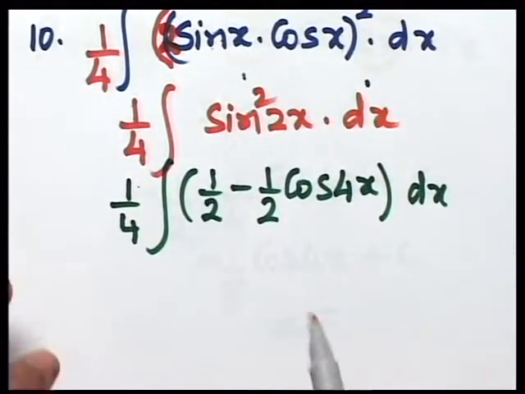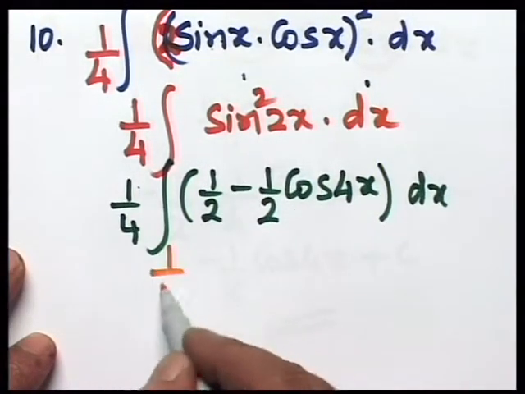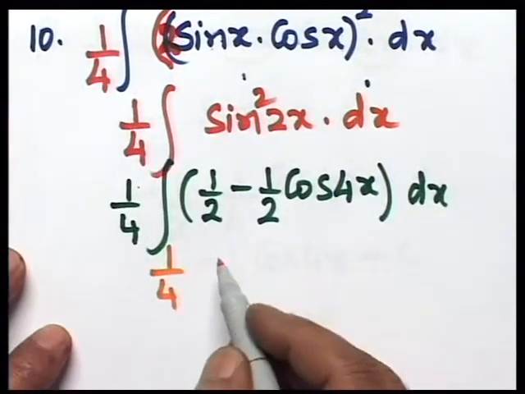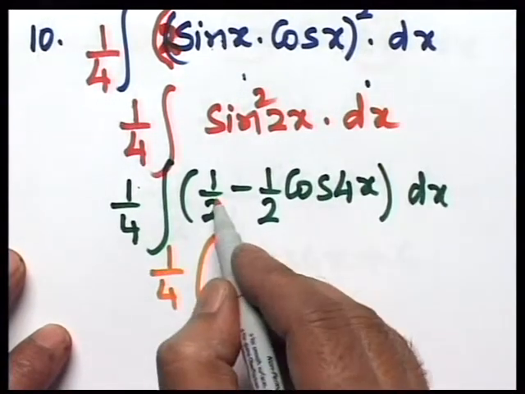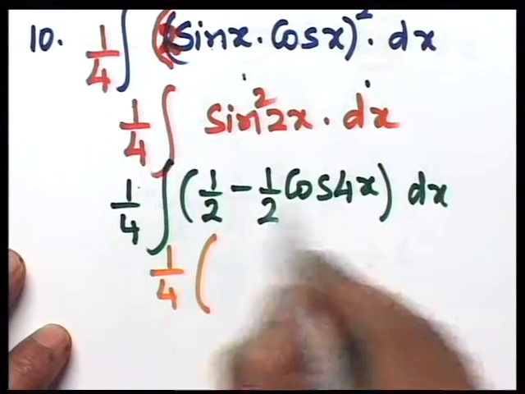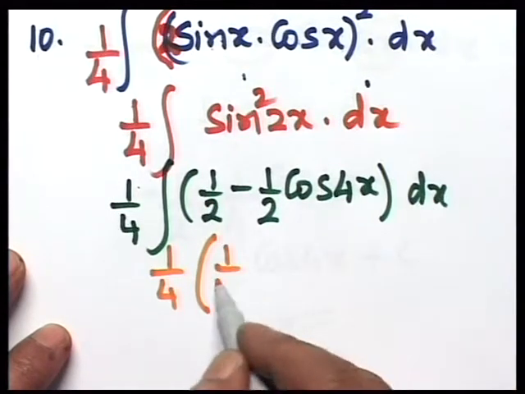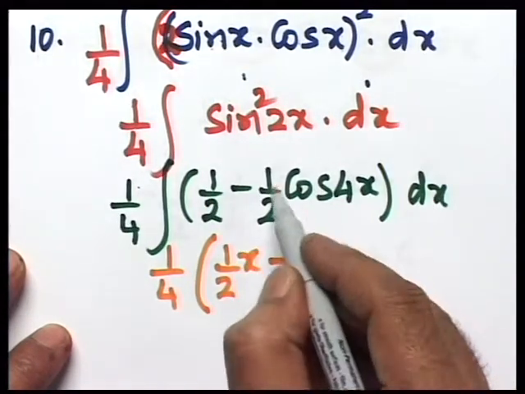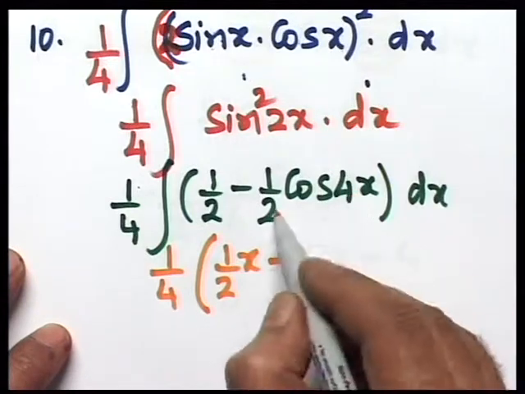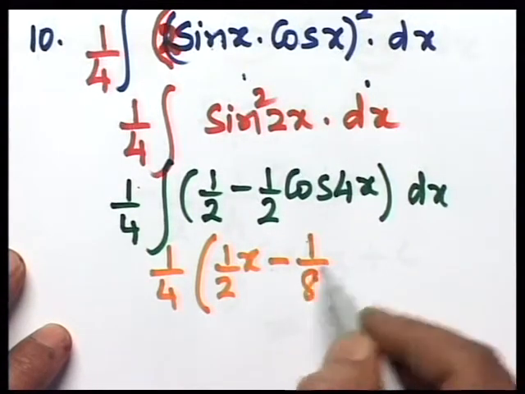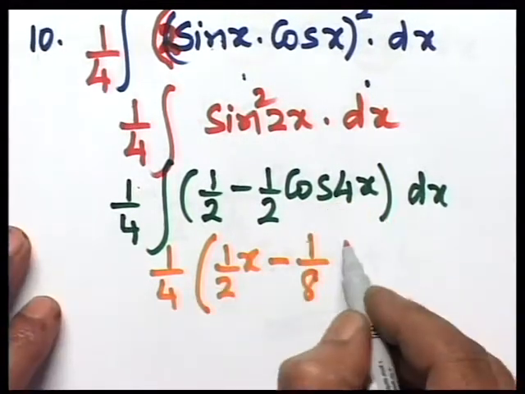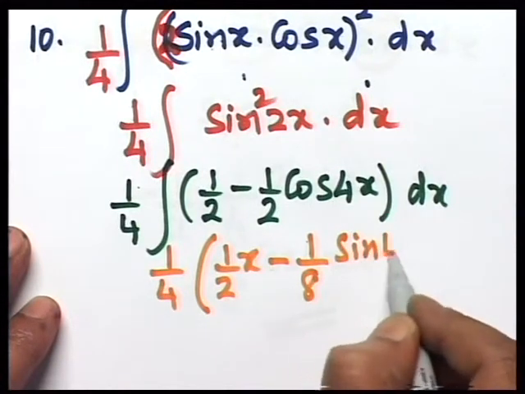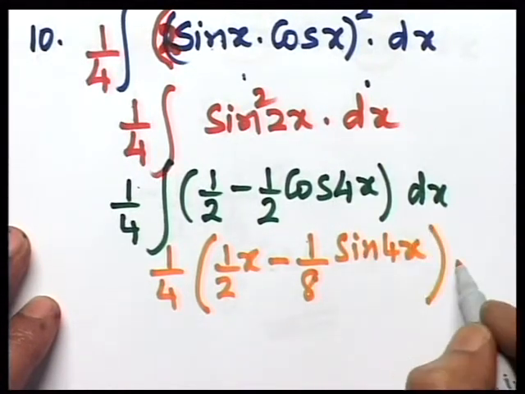Now we can integrate. So that's a quarter, which is outside the integration sign. So now I'm going to integrate this. Half with respect to x is a half x, and minus half is half. The 4 comes down, so it's an eighth. Integration of cos theta is sine theta, so that's sine 4x. Done. And plus c.